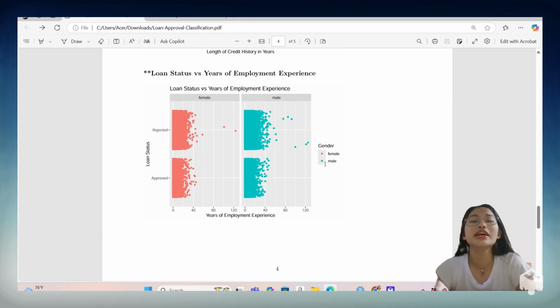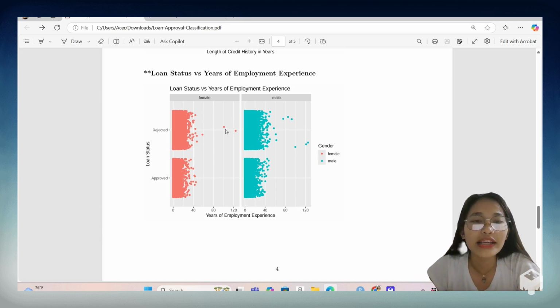As you can see, I separated the male and female to better visualize the data because most of the applicants, whether male or female, have short employment experience.